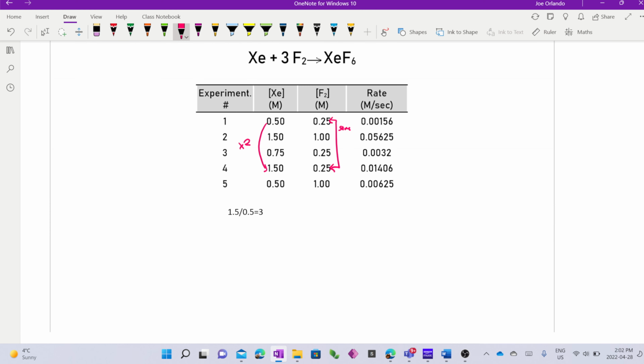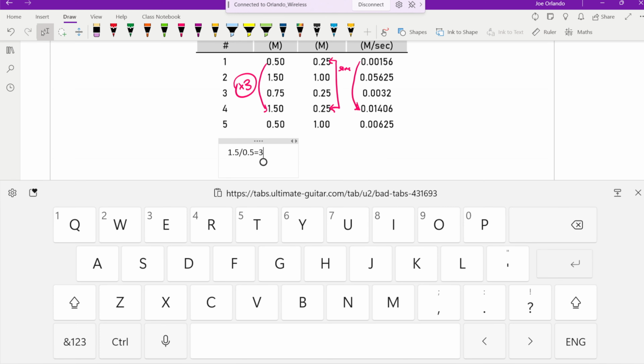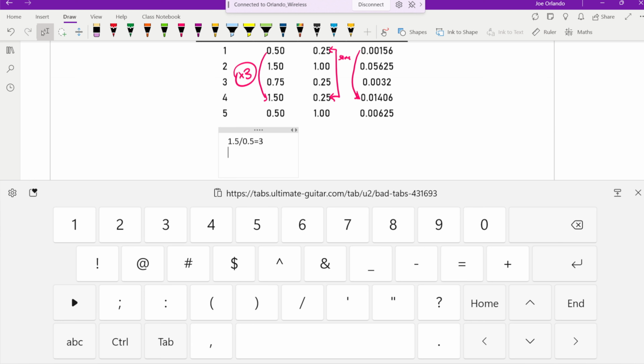So sure enough, that's been tripled. Now, in the same span, what happened here? Well, I don't know. Let's divide. So same thing. We can do 0.01406 divided by, what was the original one?